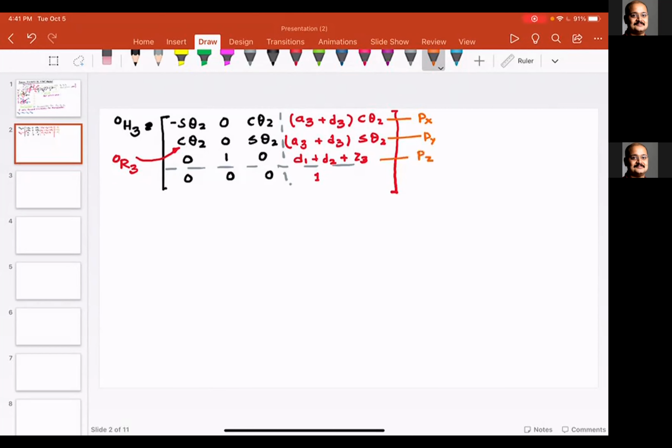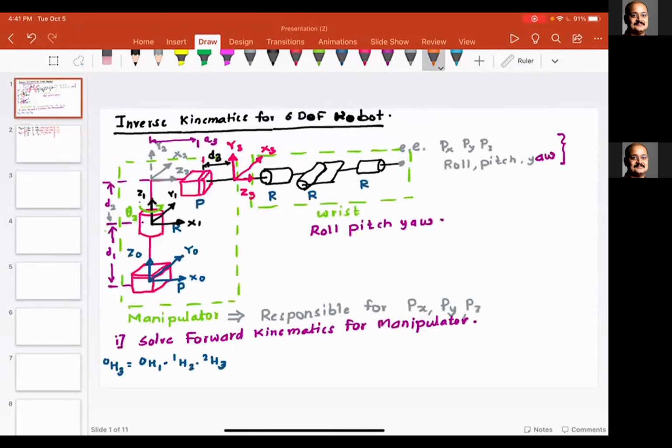So z3 is the extension of the last prismatic joint. Please remember, these are variables that change, or joint variables.